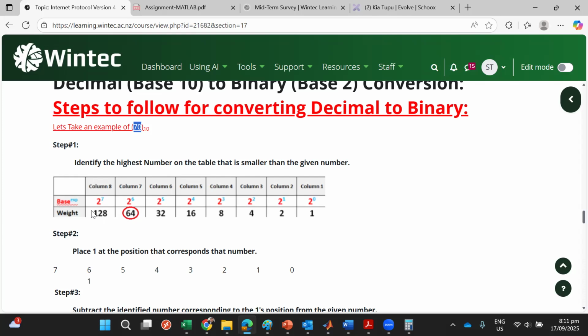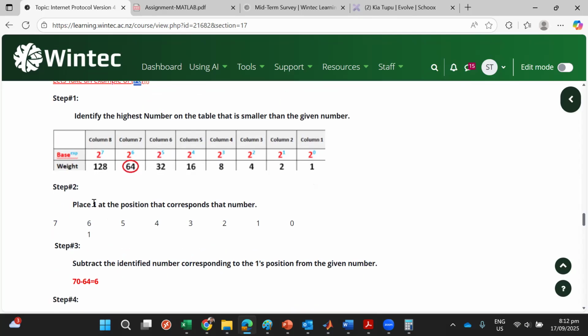The next number is 128, which is higher than 70. So this corresponds to the sixth bit. In step 2, you have to place 1 in this sixth bit.